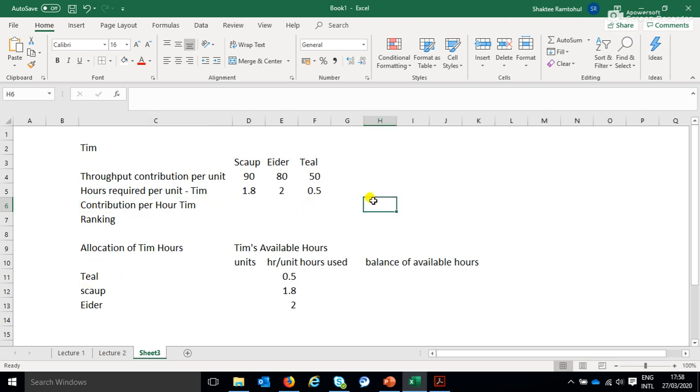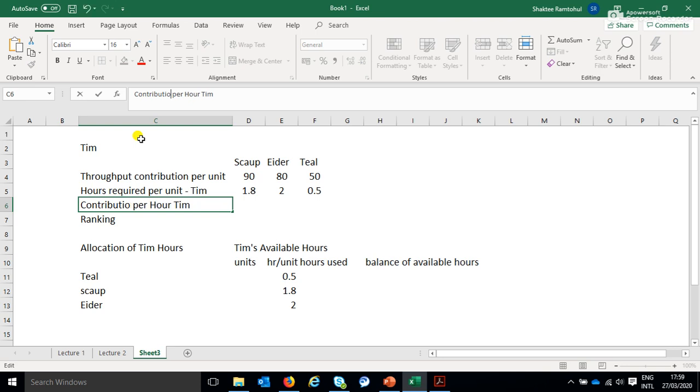This would be under normal circumstances. Now we will do exactly the same thing here, and the only difference is we don't call it contribution per hour. We will call it a return per hour.